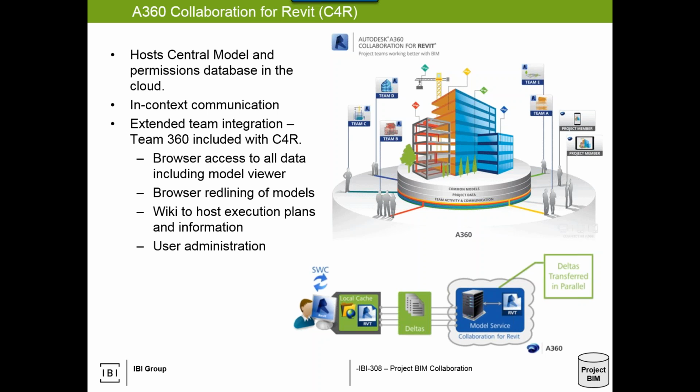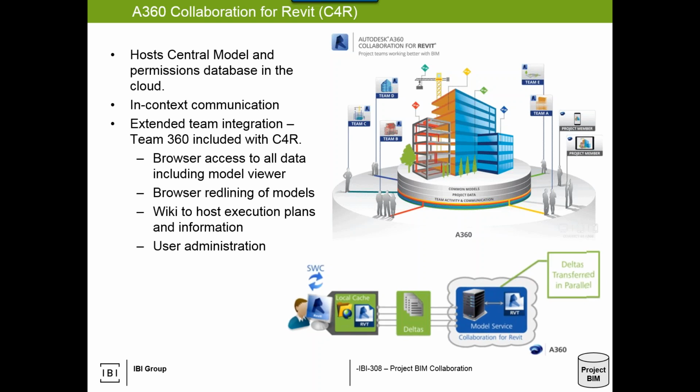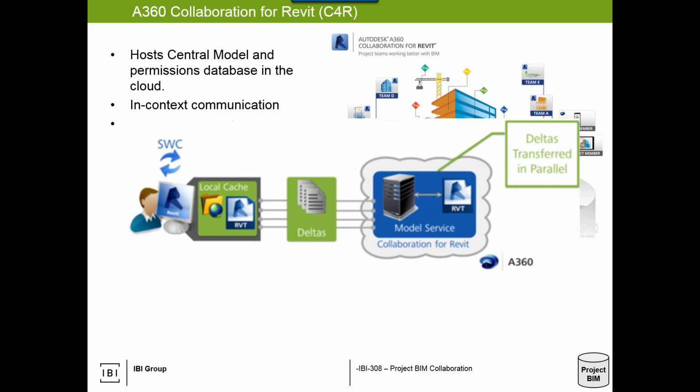So the idea here is C4R allows for in-context communication. They provide an instant communicator for those who are accessing the central model at the same time, and it extends their collaboration mechanism, allowing you to have a local cache that you're syncing to, where the details are then exchanged to the cloud, so delta transfers.